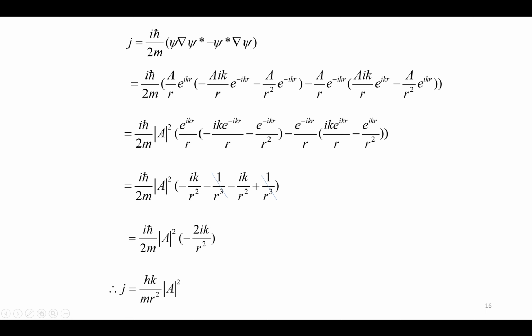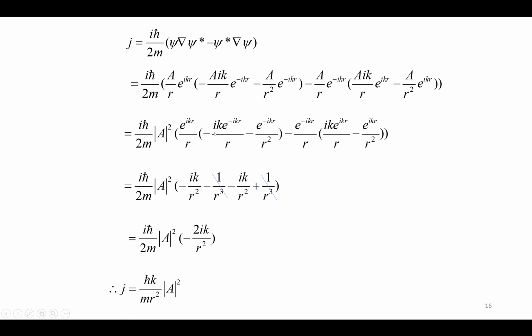So i h cross divided by 2m, mod A squared, we have already taken out. The remaining term will be e power ikr by r in the first expression, and here we have ik by r e power minus ikr, and of course minus e power ikr by r squared. In the second term we have e power minus ikr by r, and the rest we have written exactly like this.